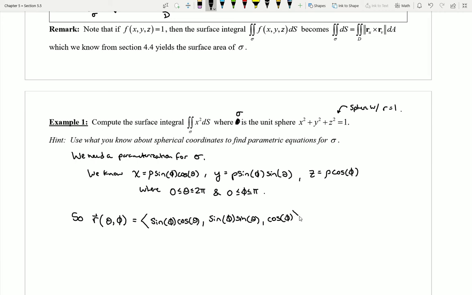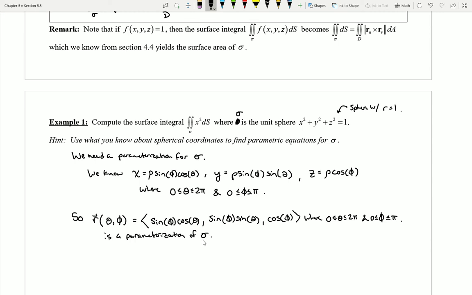So I have a parameterization automatically, and again, I already know the bounds on my parameters theta and phi. So this is great. I have a parameterization of sigma.